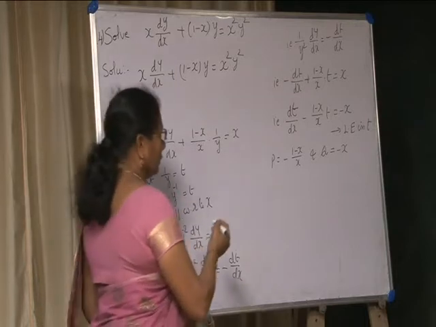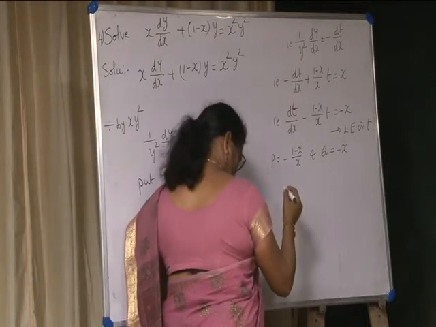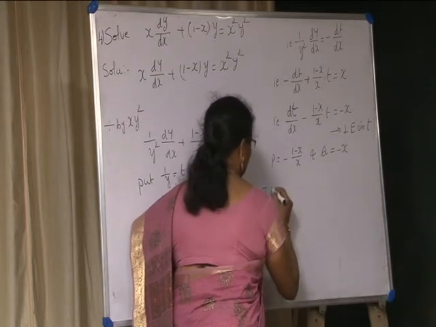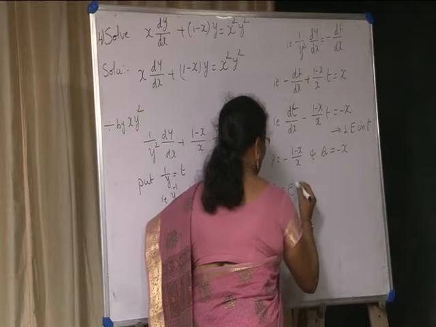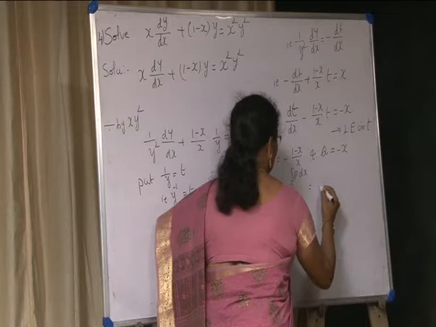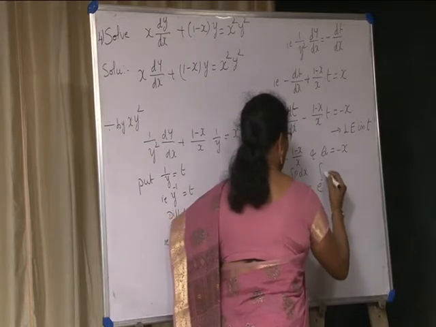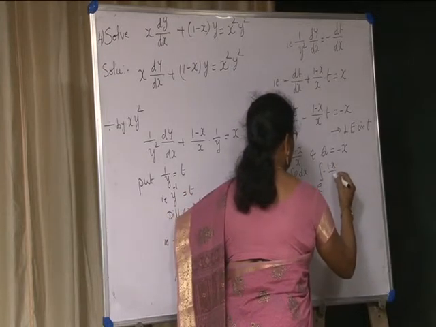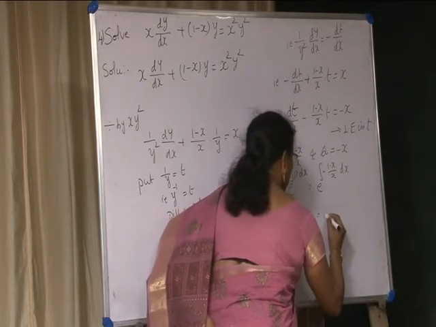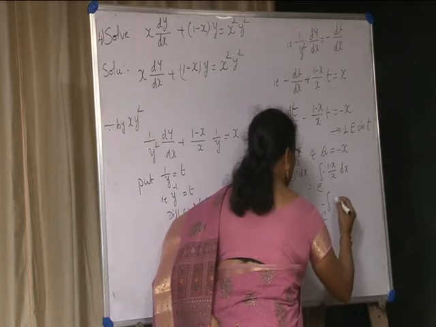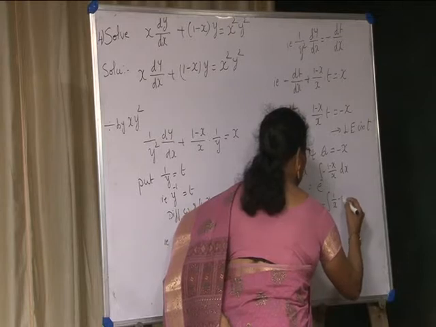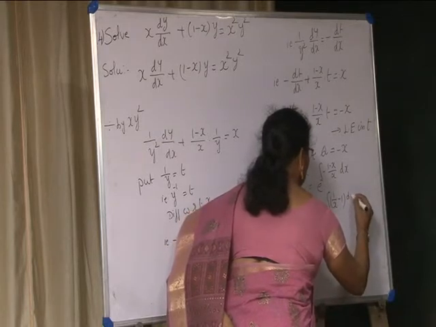Find the integrating factor. IF is equal to e to the power of integral of p dx, e to the power of integral of minus 1 minus x by x dx. This is equal to e to the power of minus integral of 1 over x minus 1 with respect to x.